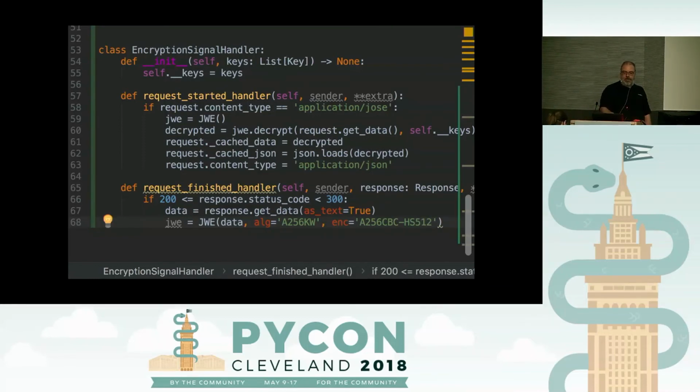So we're going to encrypt the data using the key wrap algorithm of AES 256 key wrap, and then encrypt it using AES 256 Cipher Block Chaining with an HMAC with SHA 512. It may not make sense to you, and it doesn't necessarily matter. If you use this every time, you're safe.